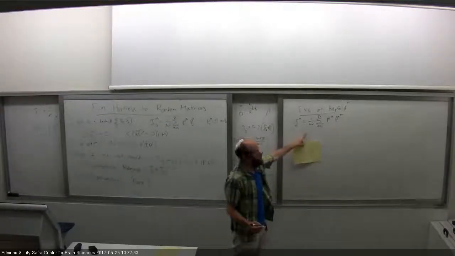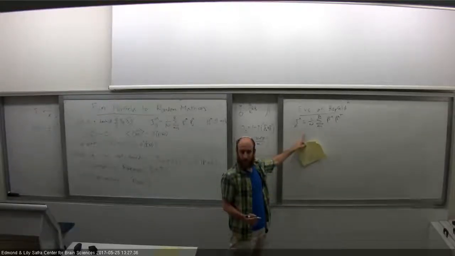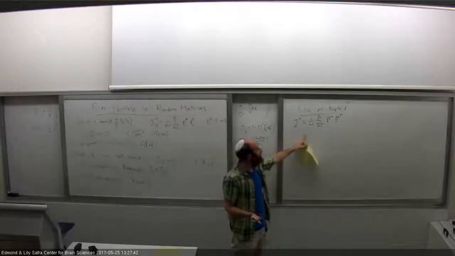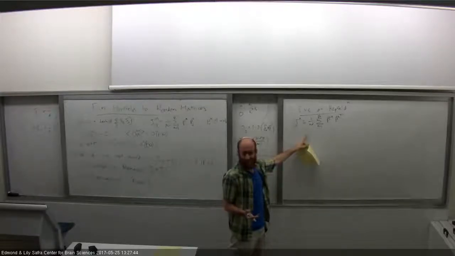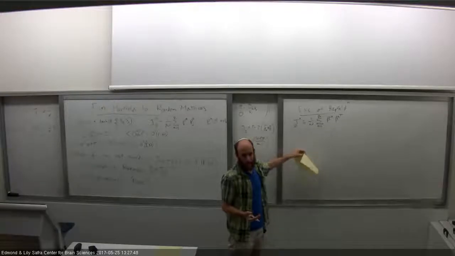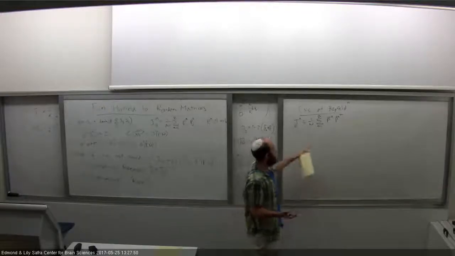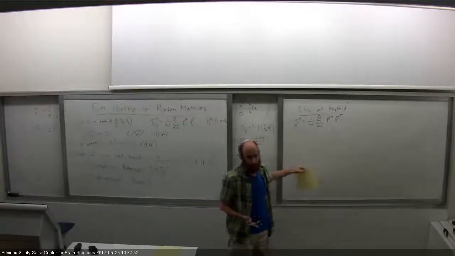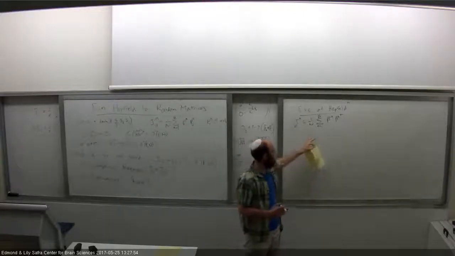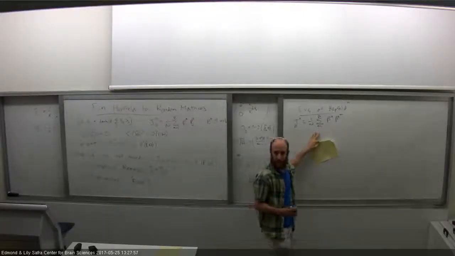What's the rank of the Hopfield matrix? Probably full, if n is large. That's a guess. We'll assume they're independent. We'll take them at random, so assume that they're independent. So we have p independent vectors.